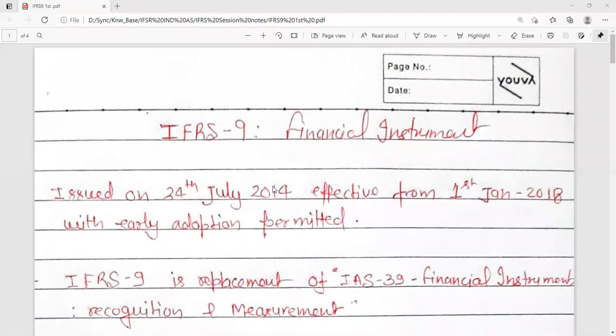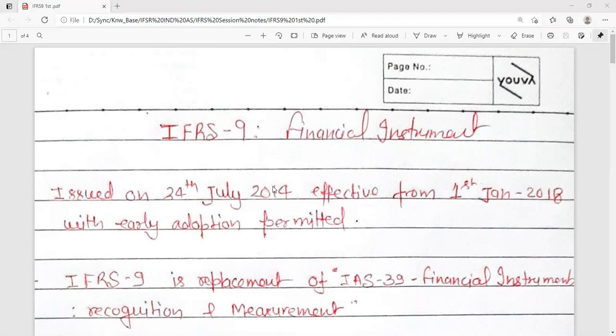A financial instrument is covered by three different standards, and today we are studying IFRS 9 specifically. It was first issued in July 2014, and it is applicable from 1st January 2018. That is, for any financial statements prepared on or after 1st Jan, we have to comply with IFRS 9.